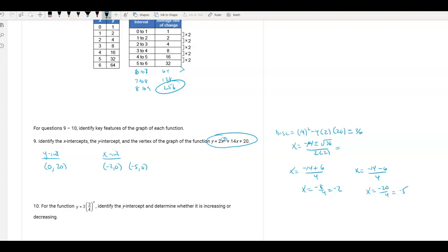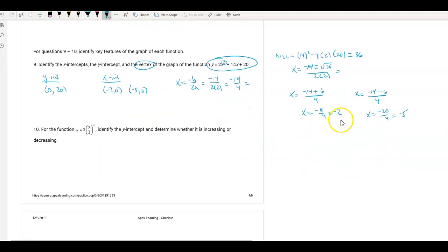Then last, your vertex. I'm going to find the x value of the vertex using the opposite of b over 2a. So if b is 14, the opposite is negative 14 over 2 times a, which is 2. That's going to give me negative 14 over 4. If I simplify that, that would end up being negative 3.5.